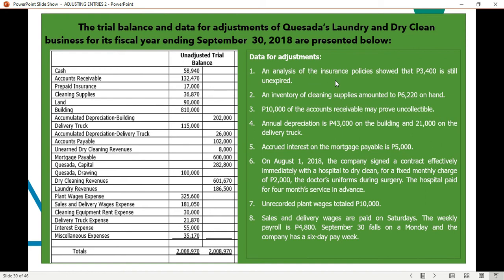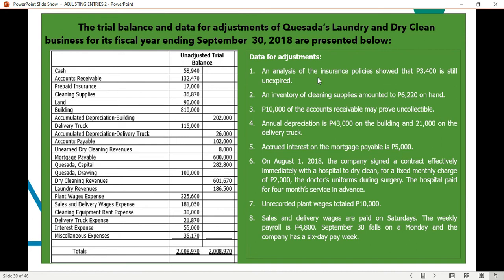Okay, so this is a prepayment. What you will do is check the unadjusted trial balance because you need to determine the method used when the prepayment was made. Try to check the existing account title. The existing account title is prepaid insurance. This is an asset account, so it means that an asset method was used when the insurance premium was paid.